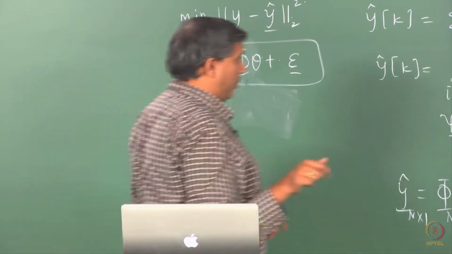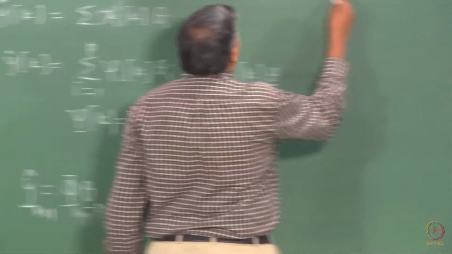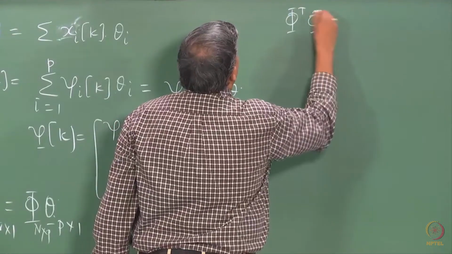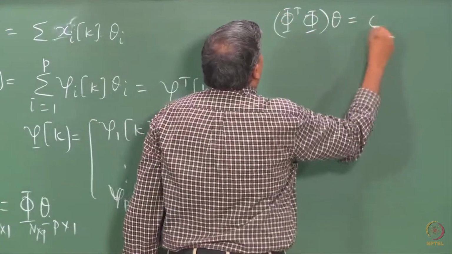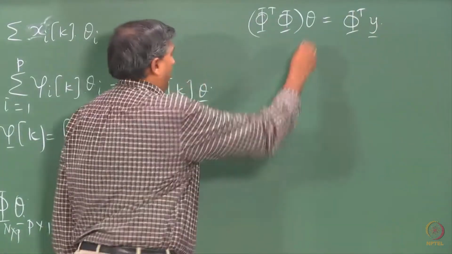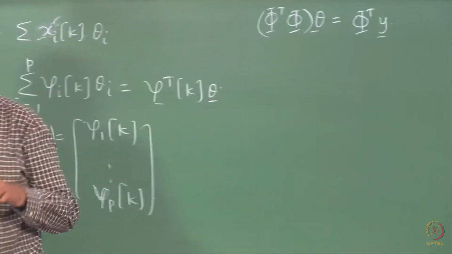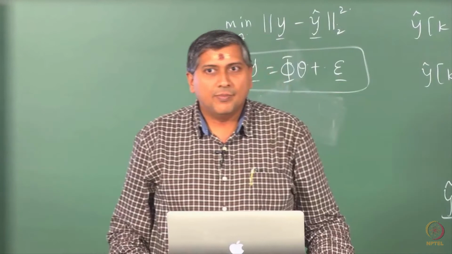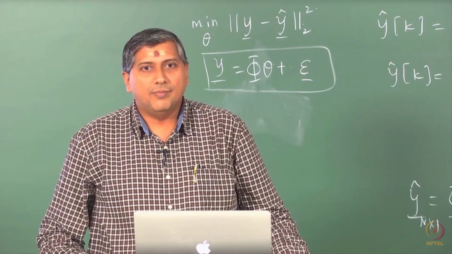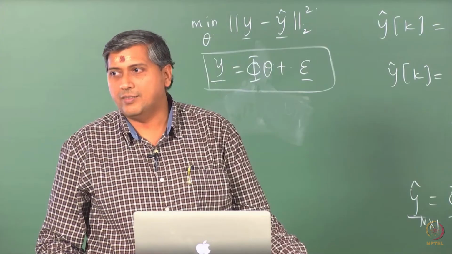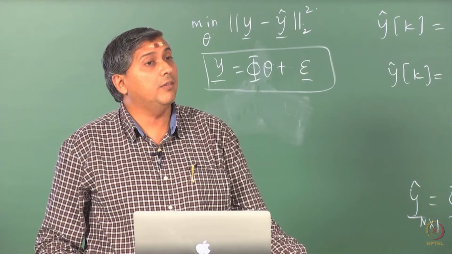If you look at these equations, what you are essentially solving is phi transpose phi times theta equals phi transpose y. Do you realize that phi transpose phi is p by p, because phi is n by p? So, phi transpose phi is a p by p matrix. Phi transpose y, what is the dimension of that?